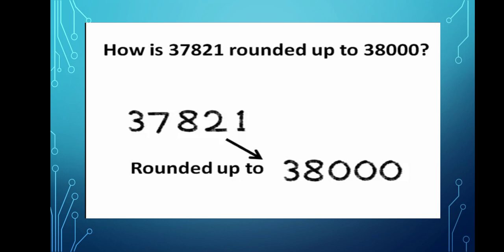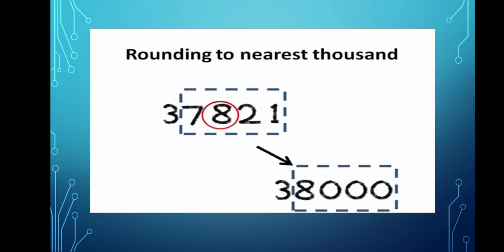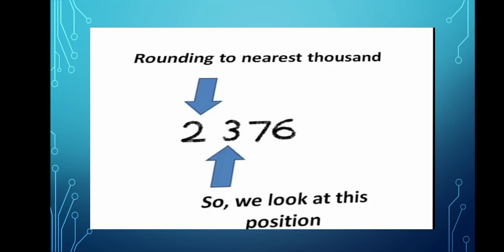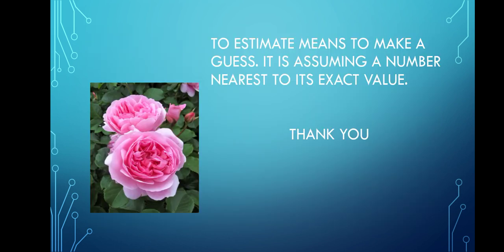So remember, during rounding of a number, you need to look at the number and find out which place we are rounding to, and then look at the value of the number to its right.